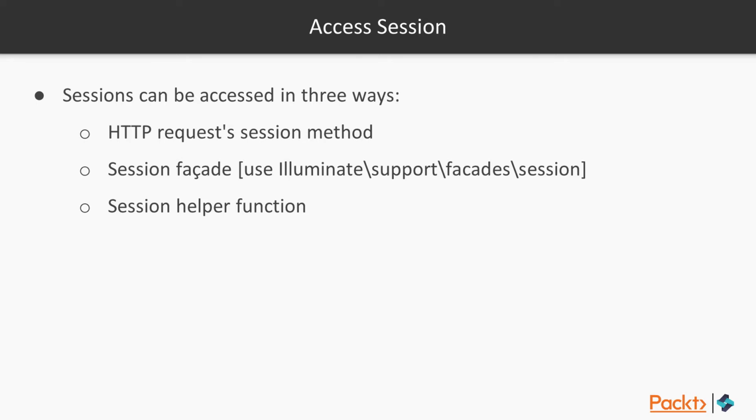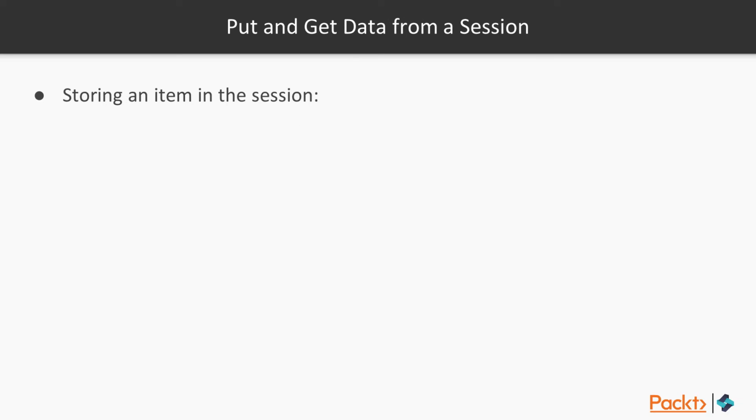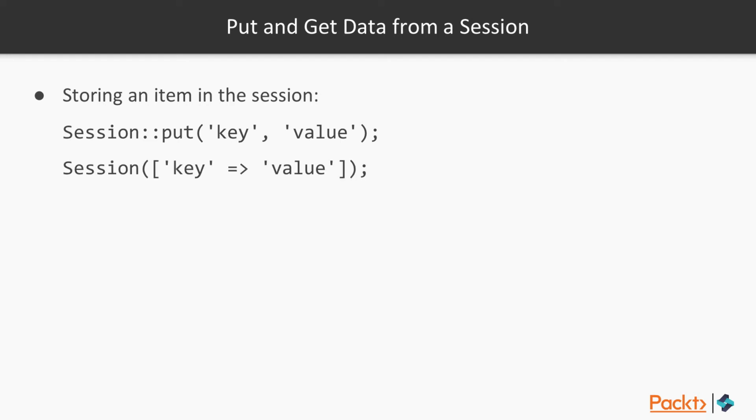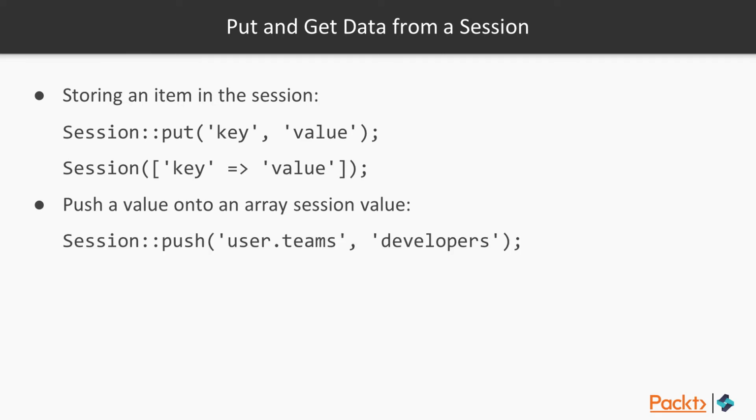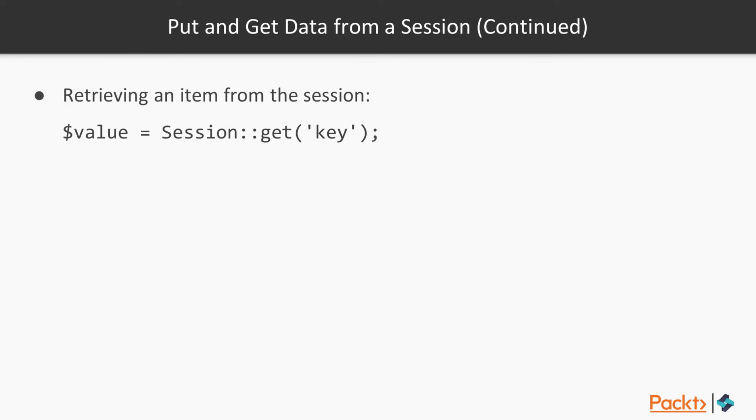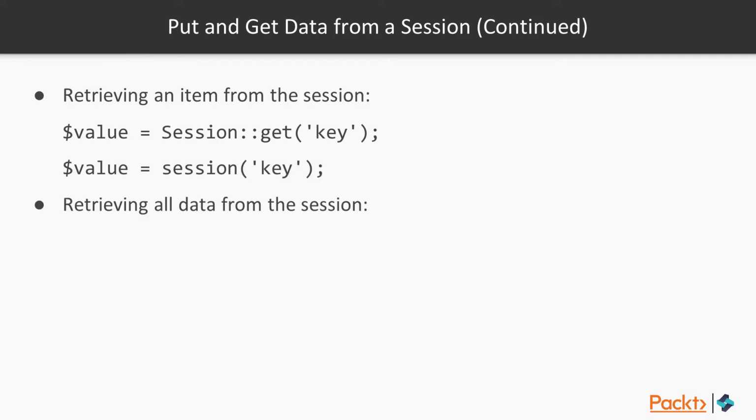Whichever mechanism you use to access the session object, to store data in the session from the session facade, you say put and a key-value pair. Alternatively, you can use the session helper function to store the key-value data. For pushing data, session push. If you want to retrieve an item, just say session get with the key. If you want to retrieve all the data stored in a session, you can say session all.